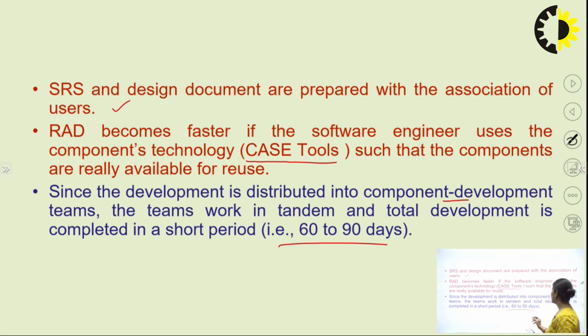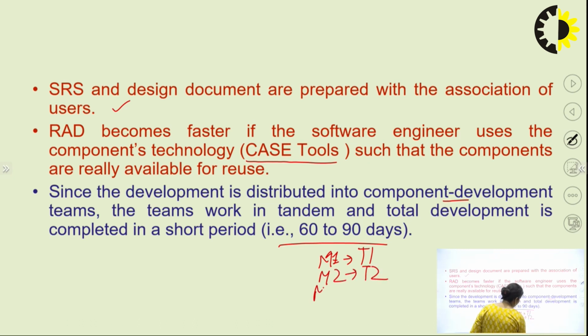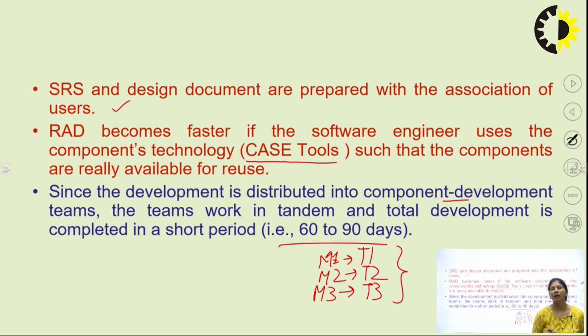Say component M1 is given to team T1, M2 is given to T2, M3 is given to T3, and these 3 modules are developed in parallel. Simultaneously, 3 different teams work on 3 different modules, so we come to a very short time period.